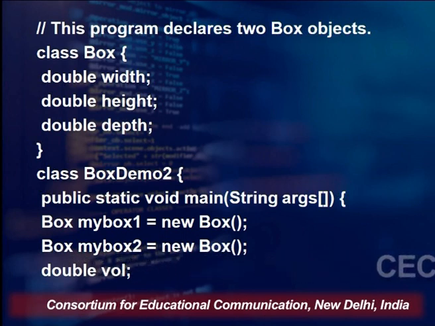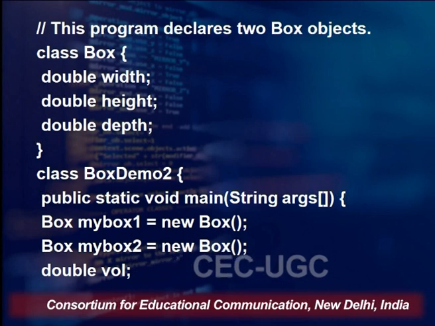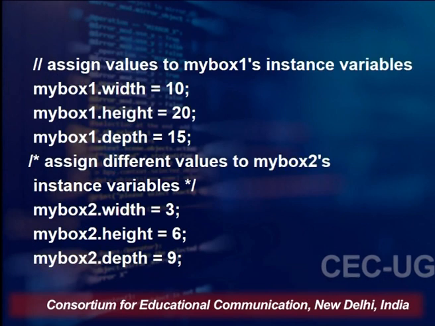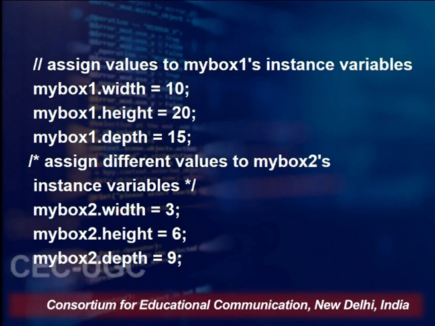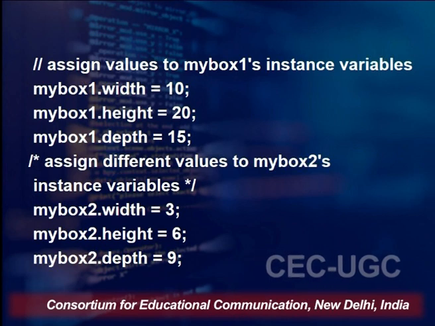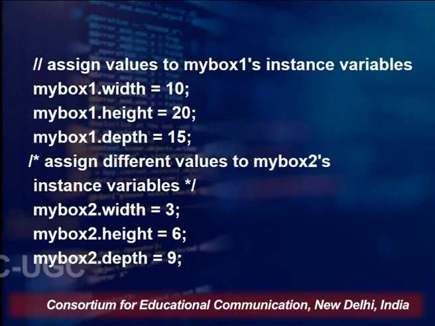So, continuing with the program, one more variable of type double, in which we are going to store the volume, has been defined as vol, and now we have assigned different values to the instance variables of the different objects, myBox1 and myBox2. So myBox1.width, let us say 10, myBox1.height 20, myBox1.depth 15.